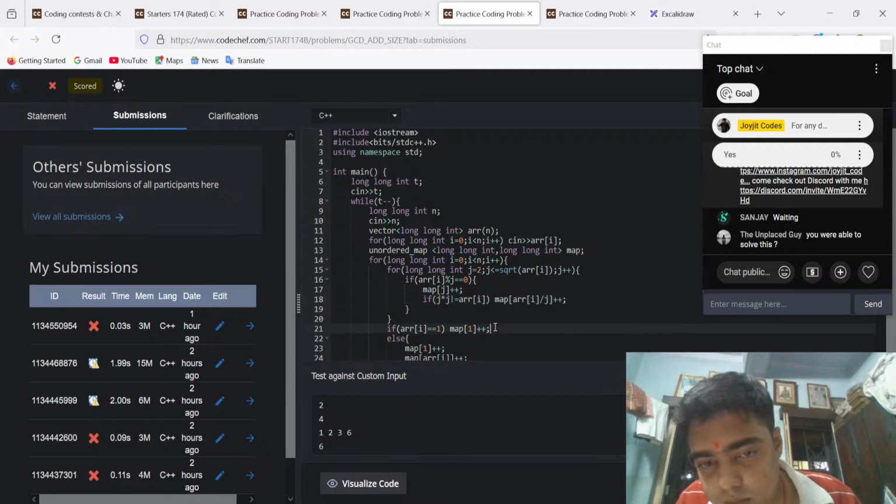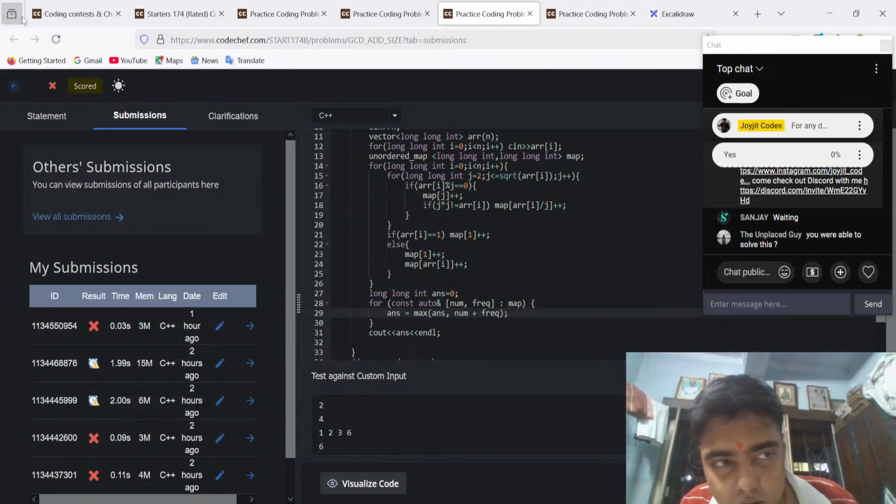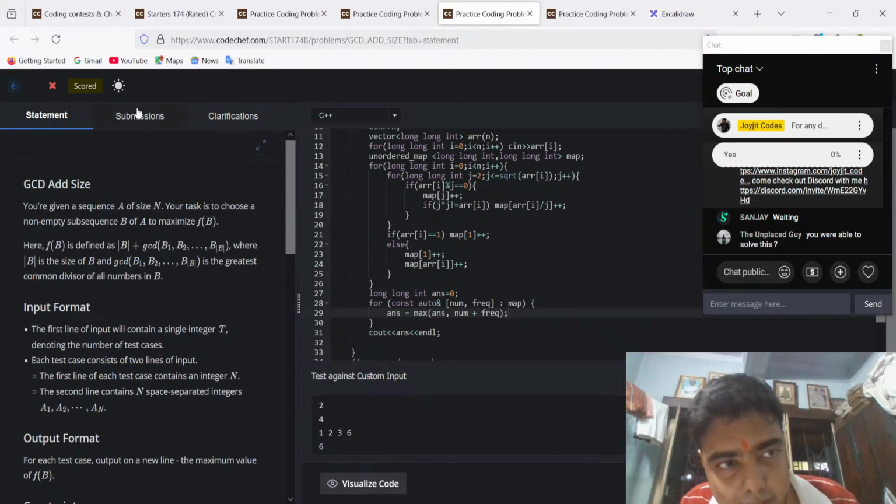Okay, clear? After that, for every key value pair in the map, I'm going to compute the number plus frequency, that is key plus value, and whichever is the maximum I can print out, but I will be getting a TLE over here, right?